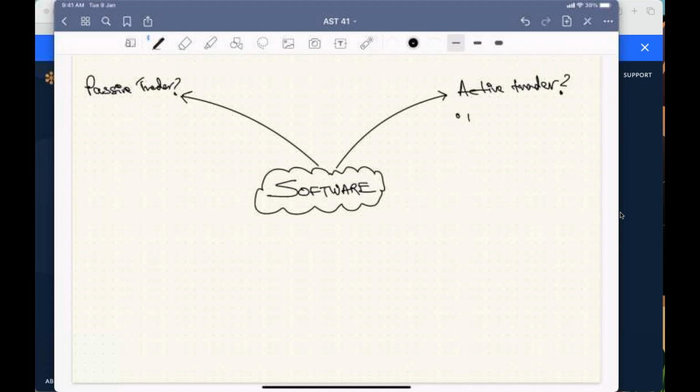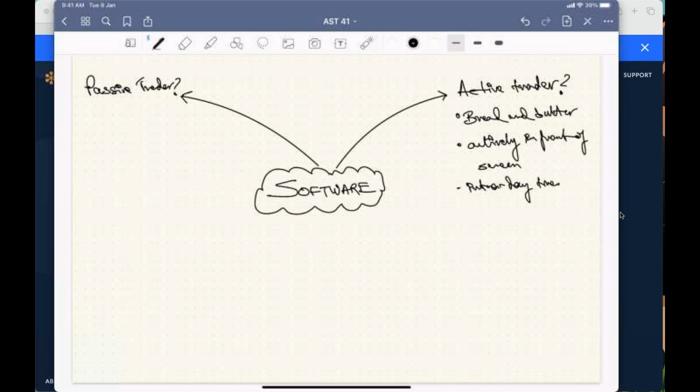This is essentially his active source of income. This is his bread and butter. He is actively in front of the screen and he does short-term trades, intraday trades. This is something that he is looking at all the time.